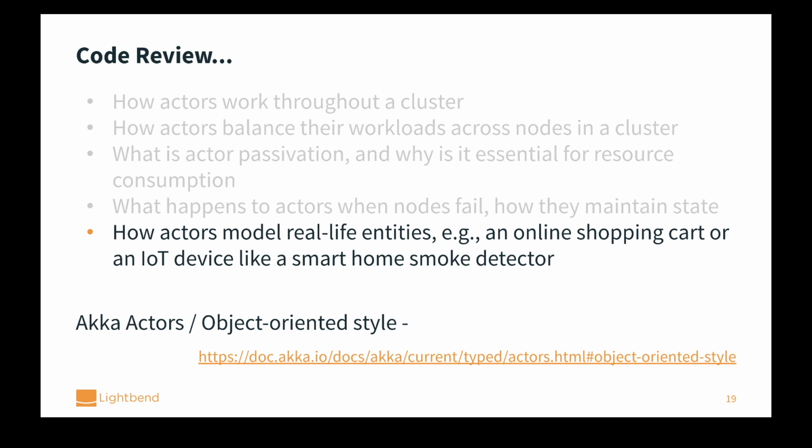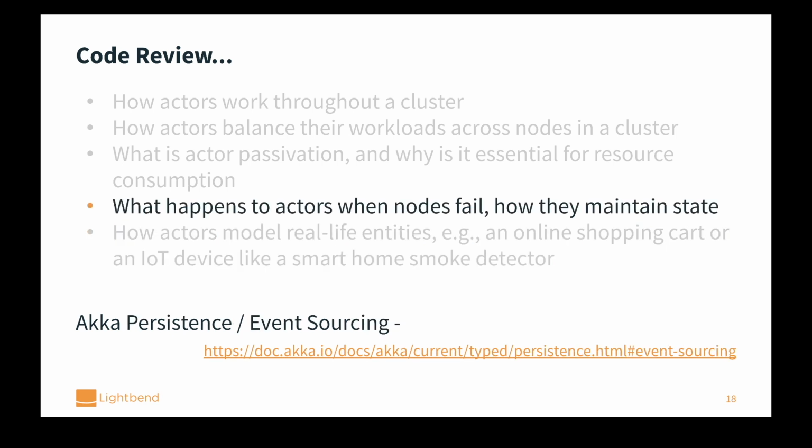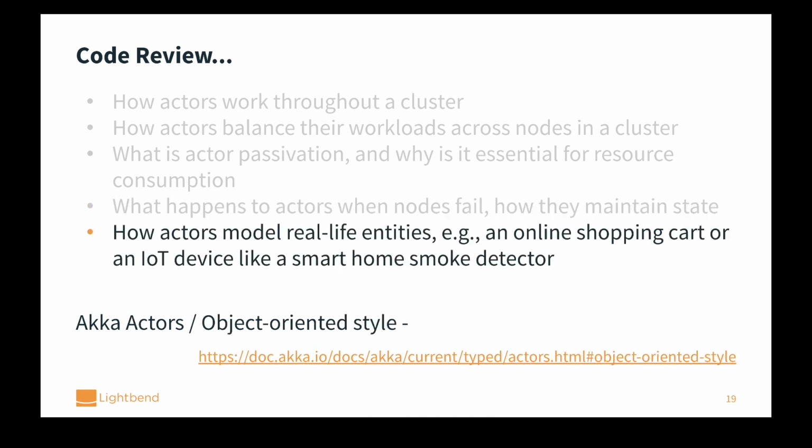And that's pretty much it. In a future video, we'll be covering Akka persistence in more detail. If you're interested, take a look at the object-oriented style. And I think in the last slide, I also had a link to event sourcing. Those things really cover this in a lot of detail.